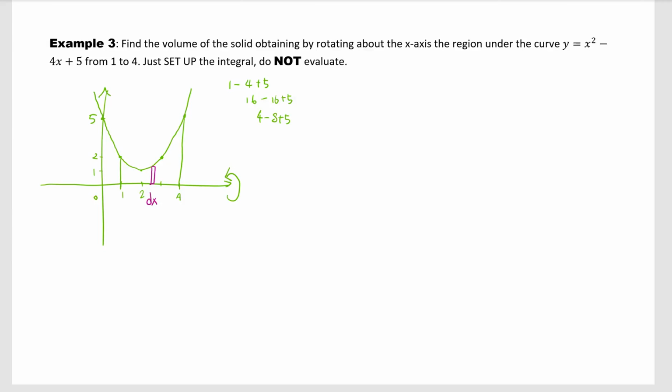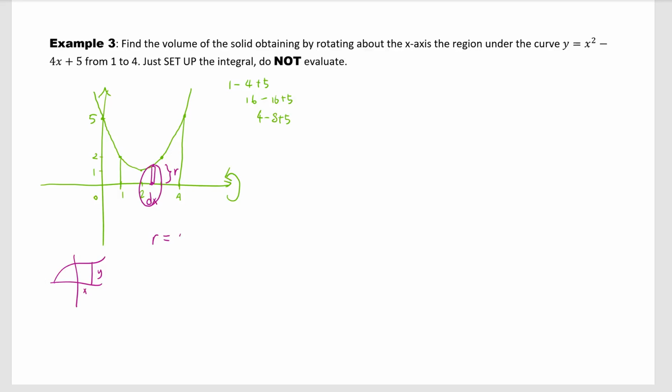And what happened to the endpoints of the rectangle when we rotate about the x-axis? Well, this point stays there, right? And this point, well, we rotate and then we get a circle because we only have one circle. So the distance from the point on the circle to the center is the radius. So the radius in this case is, remember, on a graph, the vertical distance is y, the horizontal distance is x.